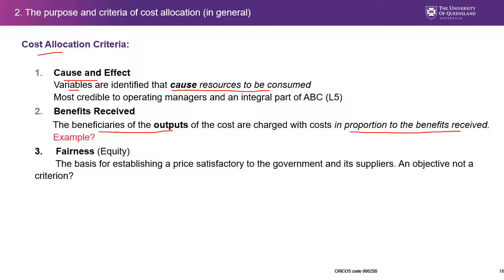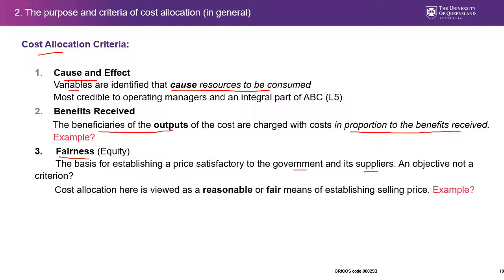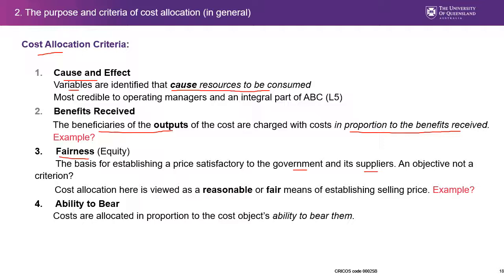We might use fairness or equity, so we might allocate costs based on a price that's satisfactory to a particular government or its supplier. This is more of an objective than a criterion. Cost allocation here is viewed as a reasonable or fair means of establishing a selling price. Or we might allocate based on ability to bear.